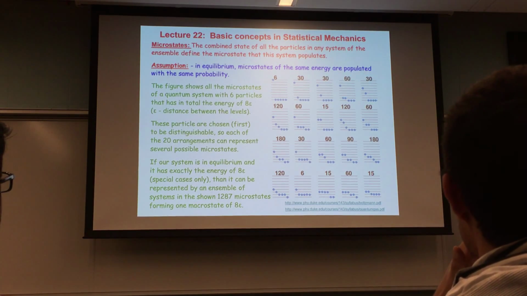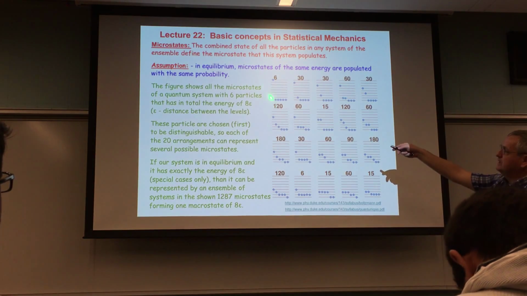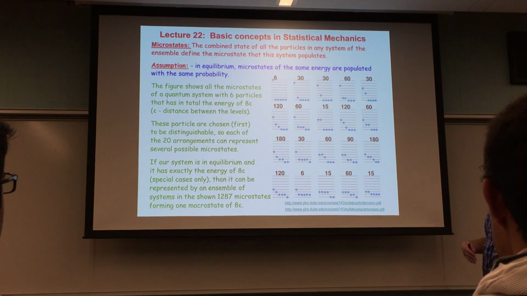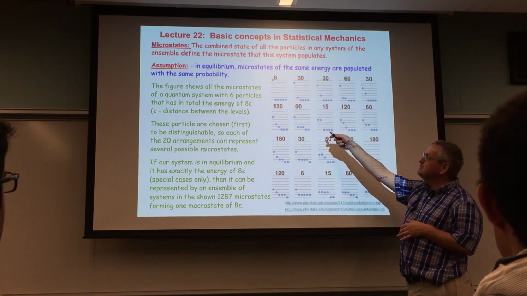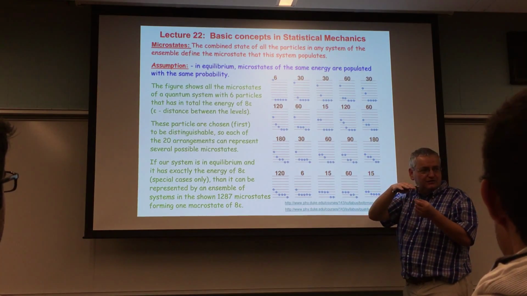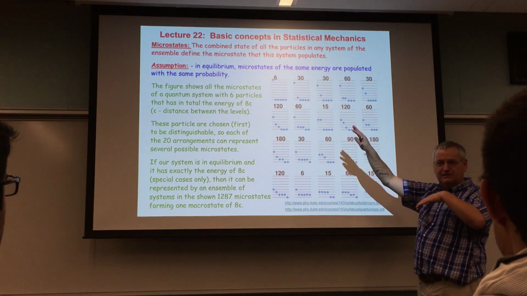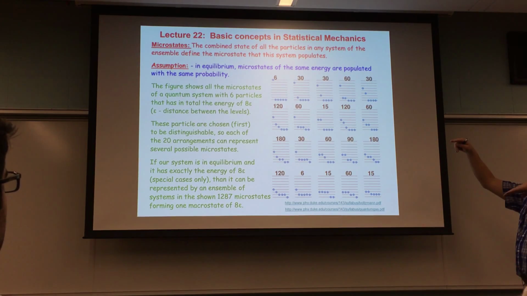So if I consider maybe a 6-electron atom, but it can be a molecule, then in the case of molecules, you would have to include also the rotational and vibrational degrees of freedom in these microstates, right? One electronic state with associated vibrational and associated rotational state is one microstate, right?